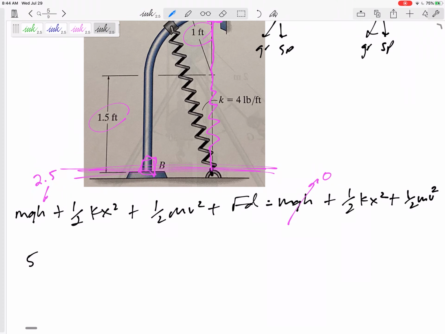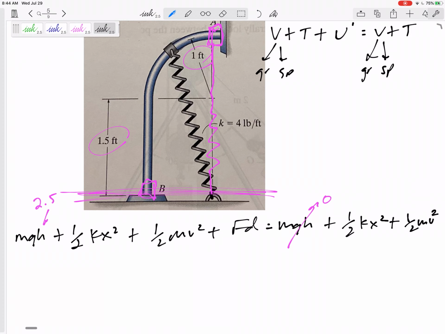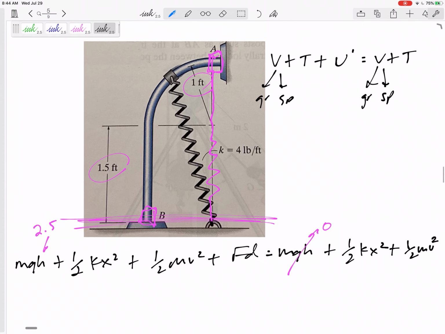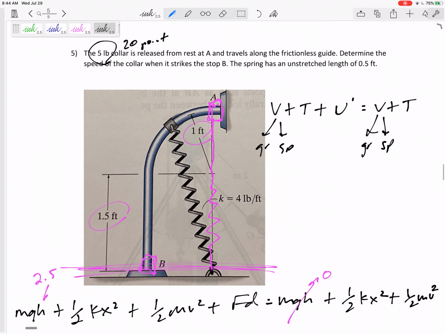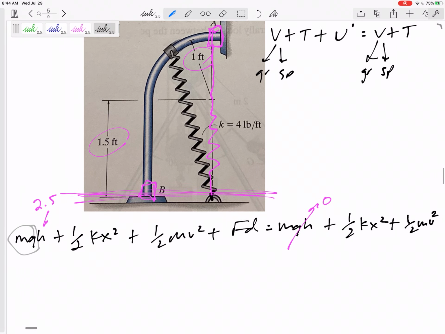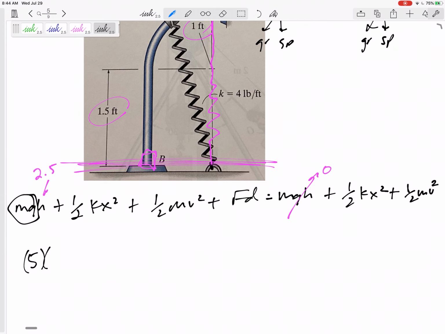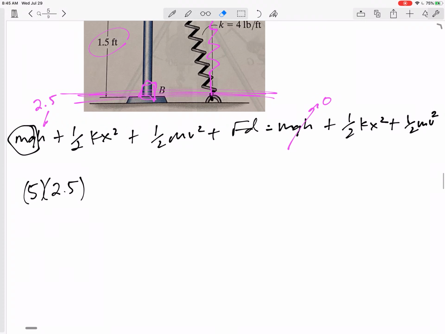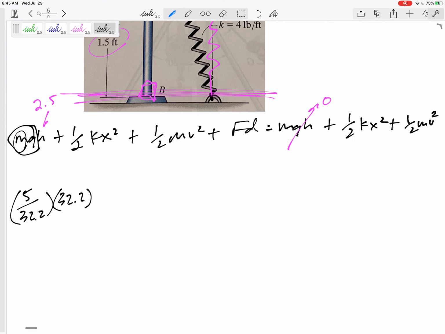Sorry, and here, these are English units, which makes it a little bit more complicated. For English units, pounds is the weight. It is a force. That's not the mass. That is M and G combined. So this is 5 times 2.5 feet. I should keep up with my units, but as long as I'm in feet, I'm good. Now, some of you might have wanted to do this: the mass right here is 5 over 32.2, then times 32.2.